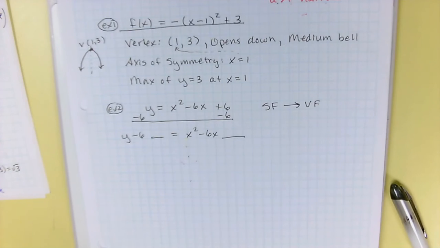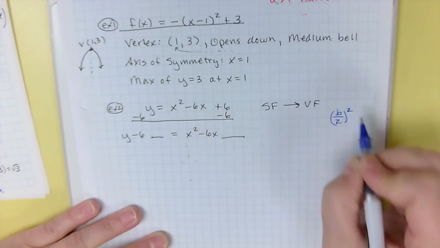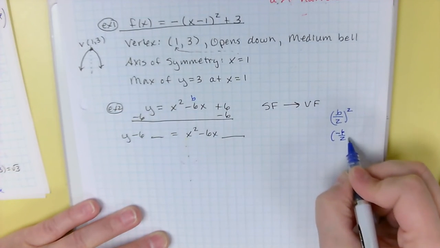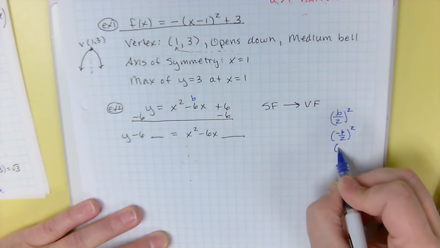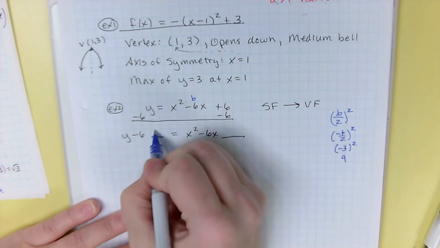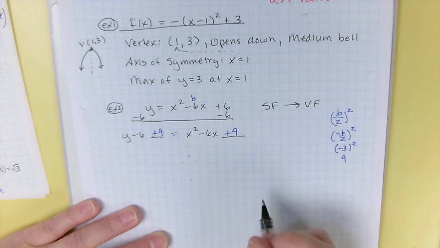Okay, magic formula time. We're going to do (b divided by 2) quantity squared. My b value is negative 6. So negative 6 divided by 2 squared is negative 3 squared, or positive 9. So we're going to add 9 on the left, add 9 on the right.